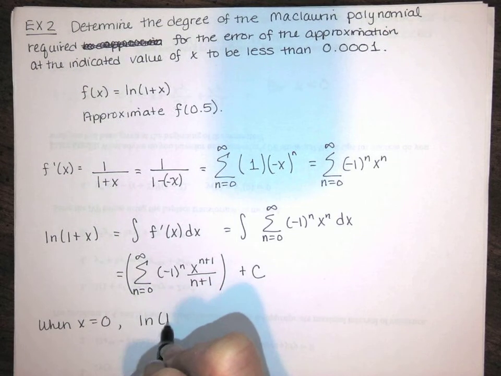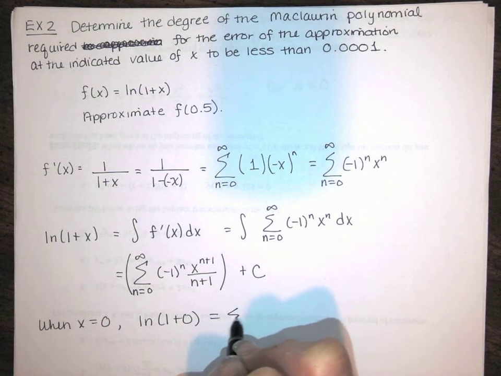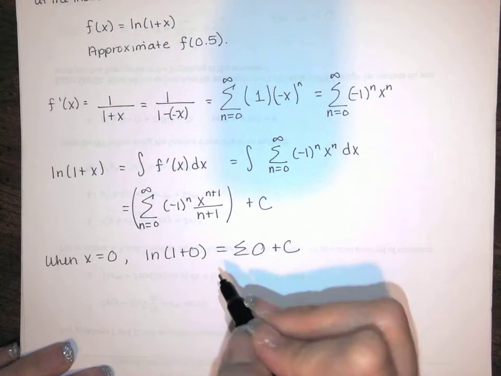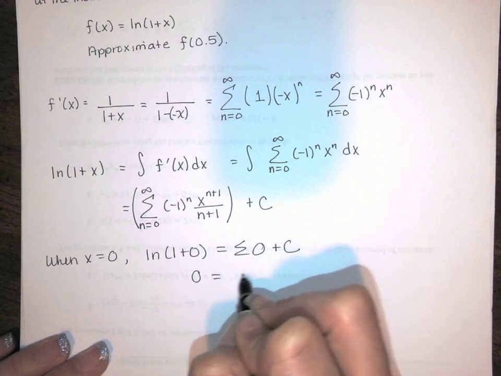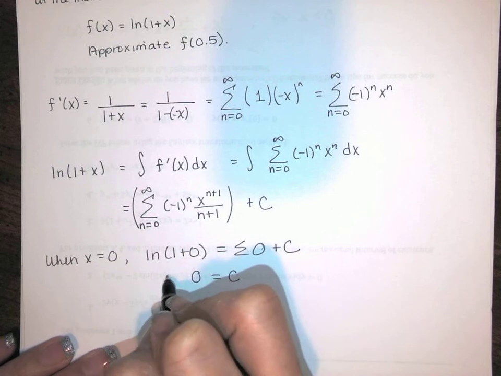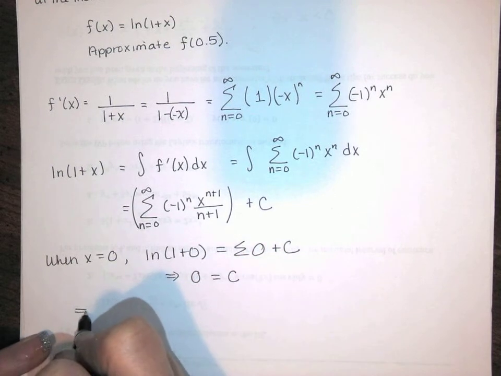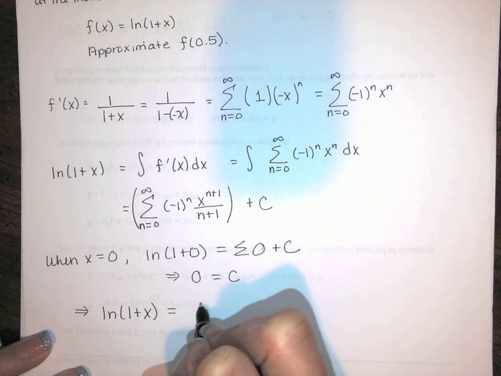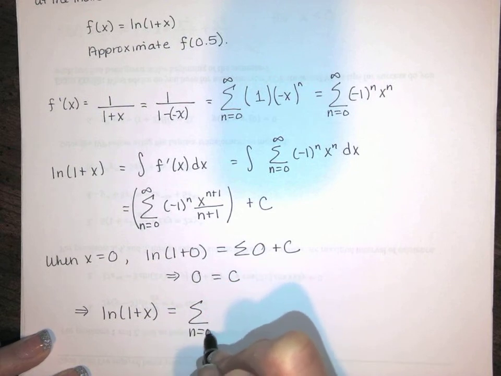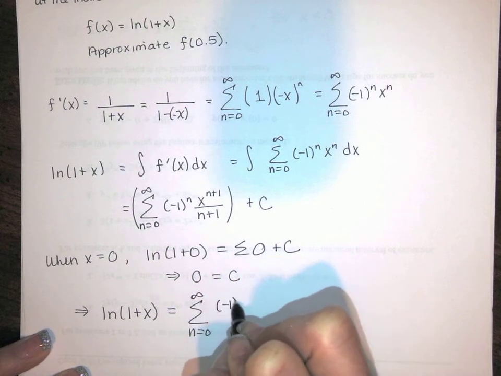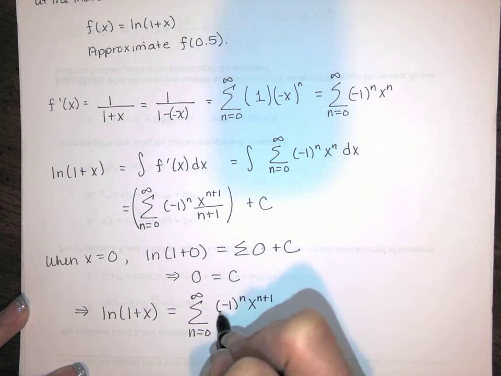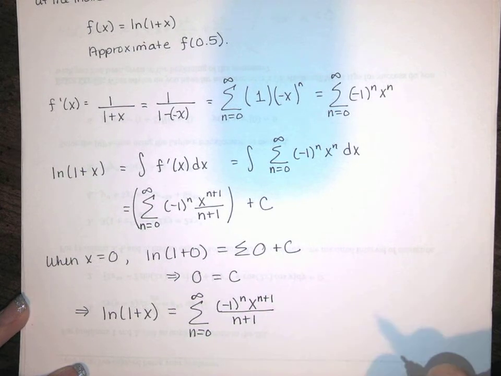Then we'll have natural log of 1 plus 0 equals the sum of infinitely many zeros plus c. Well, we know that the natural log of 1 is 0, and so we just get c equals 0. So now we have natural log of 1 plus x can be written as this series. It's the sum as n goes from 0 to infinity of negative 1 to the n times x to the n plus 1 over n plus 1.